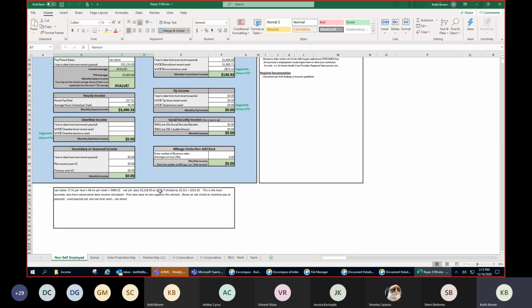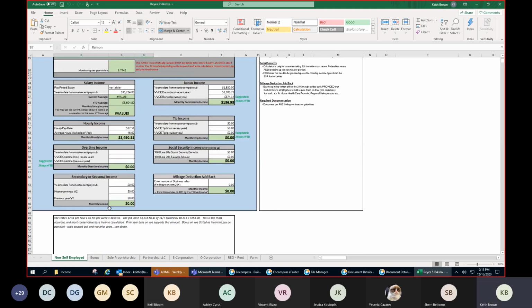I also ran with the 11/7 because this was a lower number by $200. Now, maybe if I needed this number to qualify, I might go back and find a way that I could use this. But keep in mind that the 3490 was not supported by the VOE. All right.